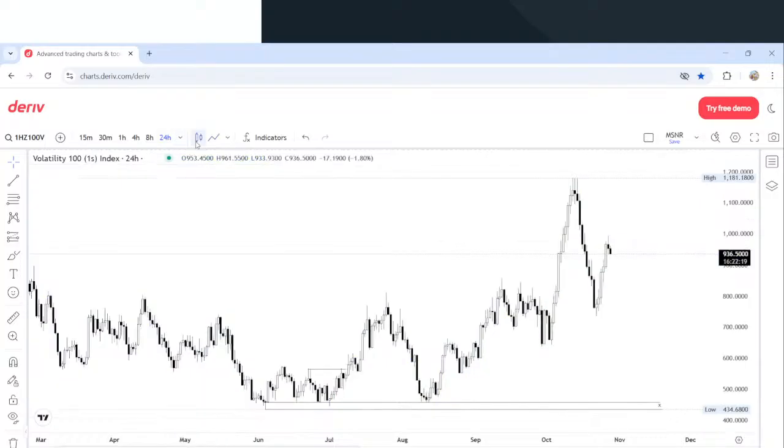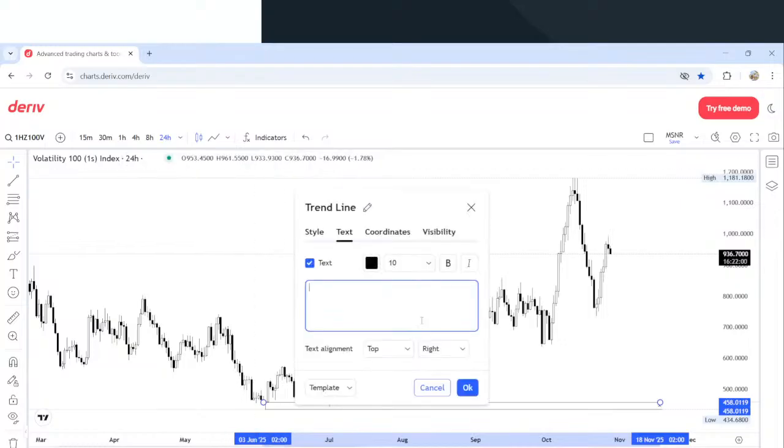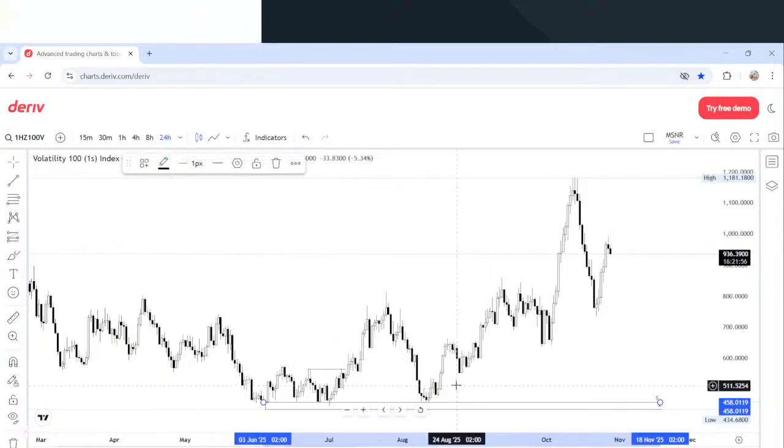So because of this point, the market has to come in and fill in this point, and then there's this one also. All right, let me mark my supports that I'm looking at.